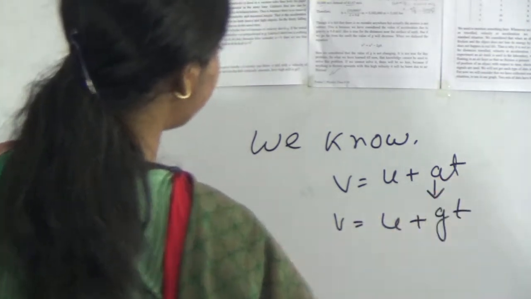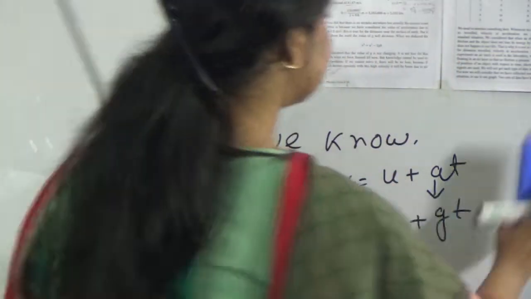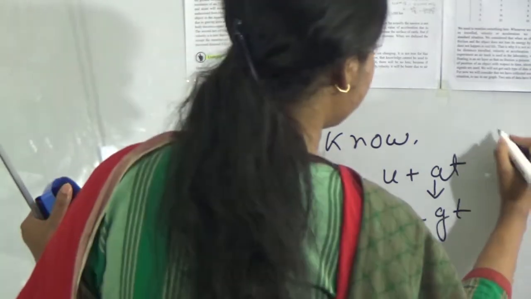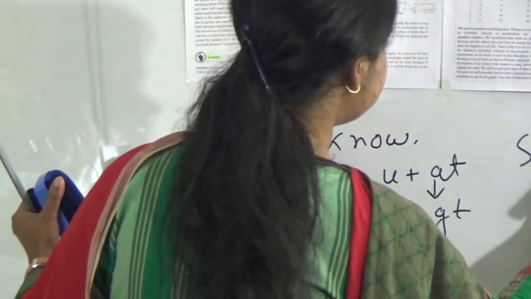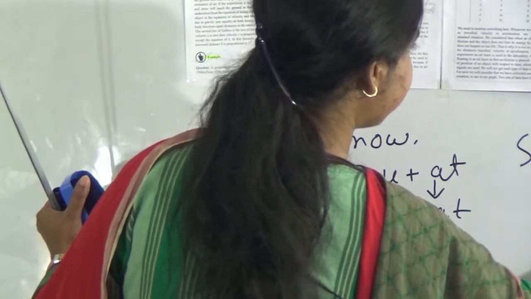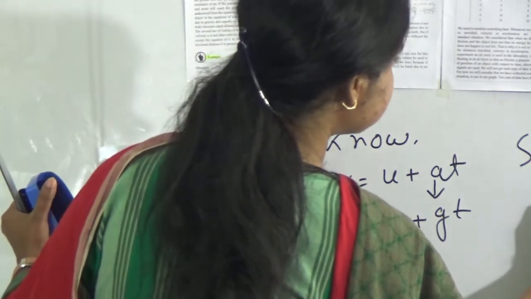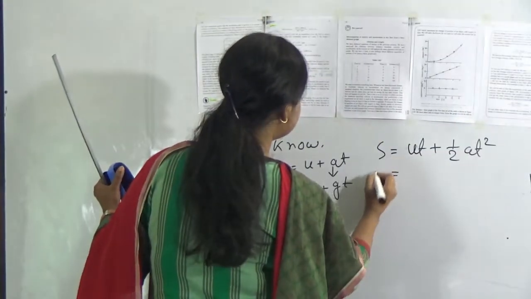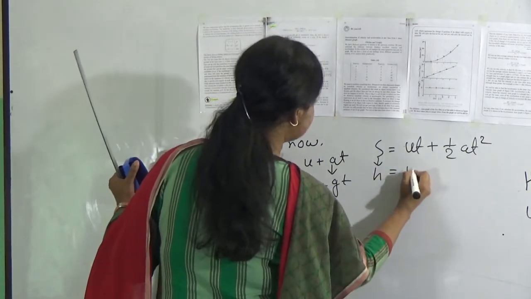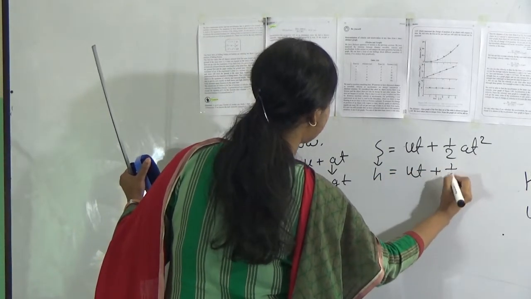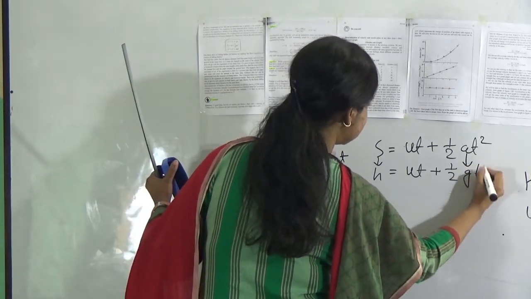Instead of a, we use g. Same, we know s equal to ut plus half at square, but here instead of s we use h, and ut plus half g t square.